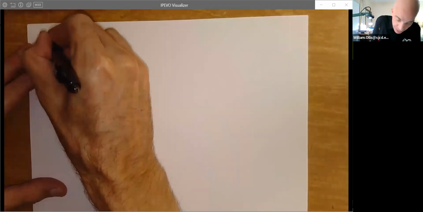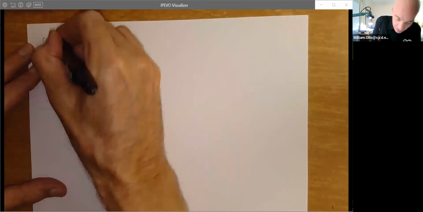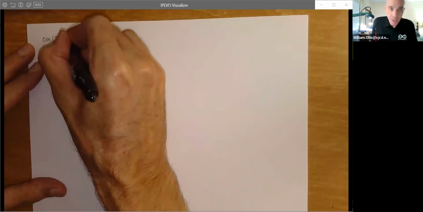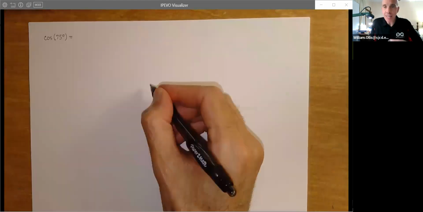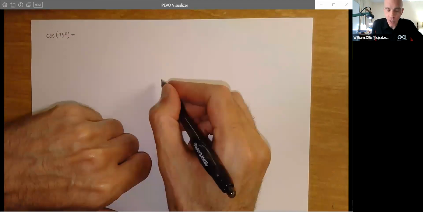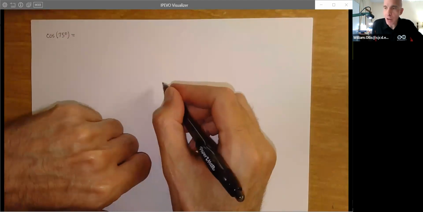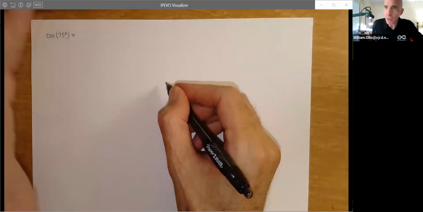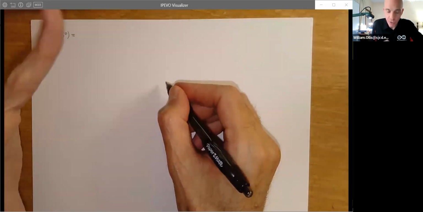So we have cosine of 75 degrees. I want to do this first before I do another lemma, do a couple of exercises with that. And then I want to go back to how we can use our newfound friends to get some even better identities that we will have great use for.